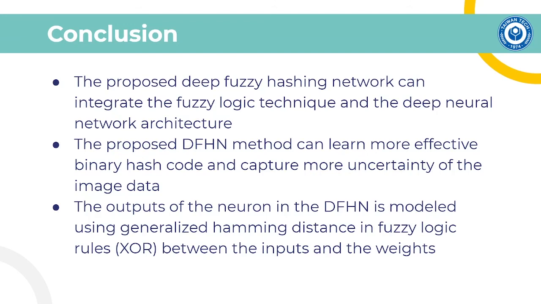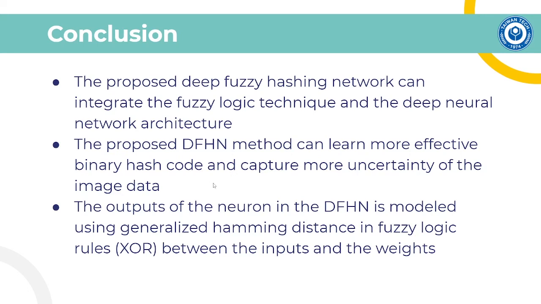For conclusion, this proposed deep fuzzy hashing network can integrate the fuzzy logic technique and the deep neural network architecture. It can learn more effective binary hash code and capture more uncertainty of the image data.